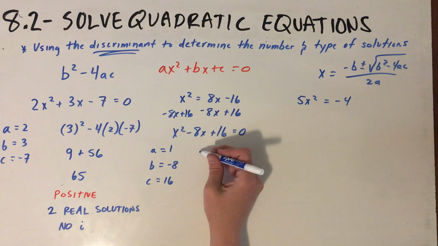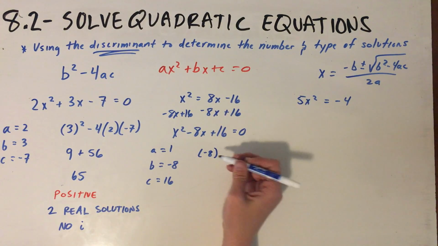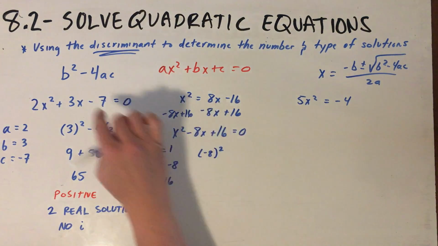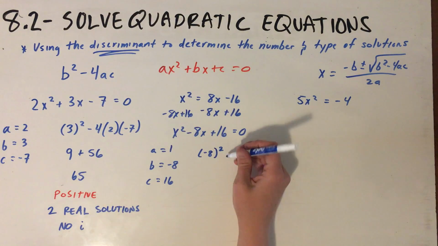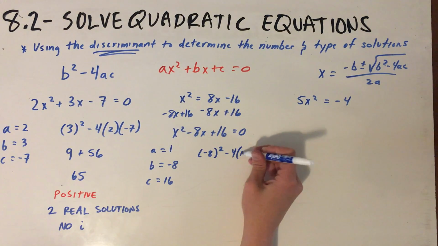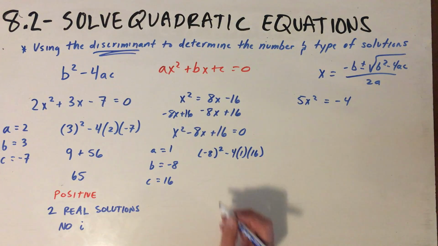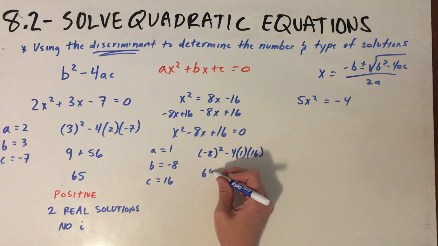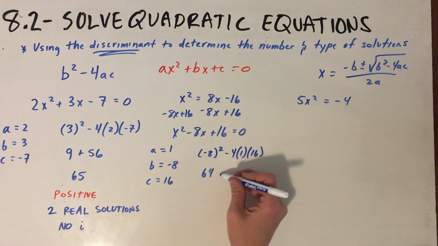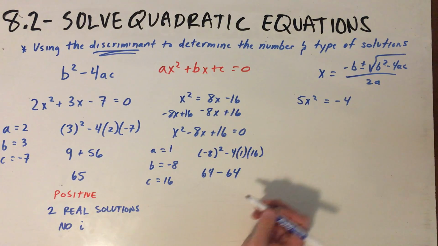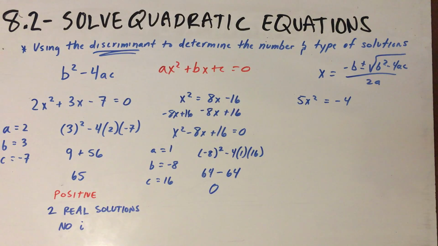So I'm going to have b squared, which is -8 squared. Again, we're using the discriminant, minus 4 times a, which is 1, times c, which is 16. Okay, so 8 squared is 64, and 4 times 16 is also 64. So we get this 0 here.